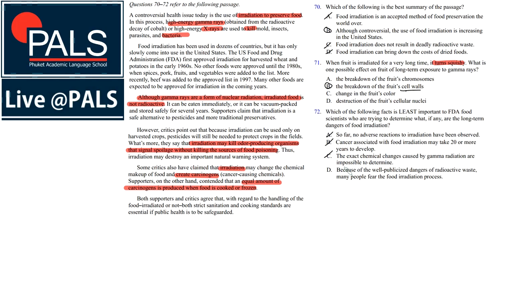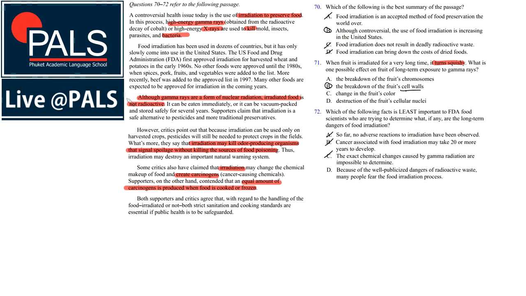Now, what's not really of interest is the last one: because of well-publicized dangers of radioactive waste, many people fear the food irradiation process. Now, radioactive waste has nothing to do with food irradiation. We get a lot of information here.